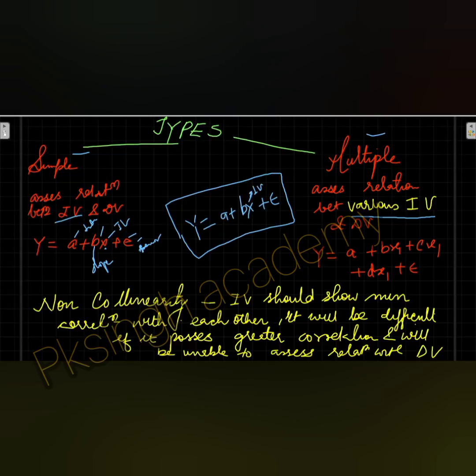The independent variable should not show a high correlation with the other variables, otherwise the value of the y variable will not be valid or reliable.